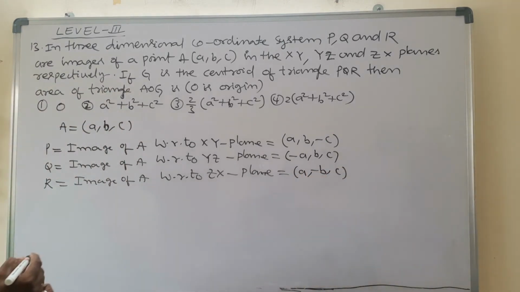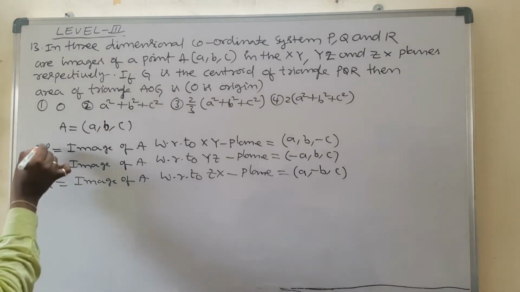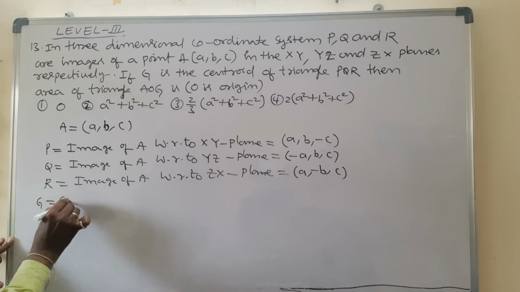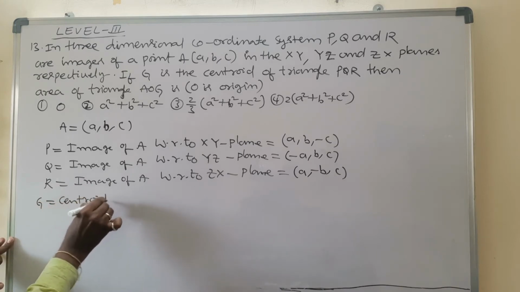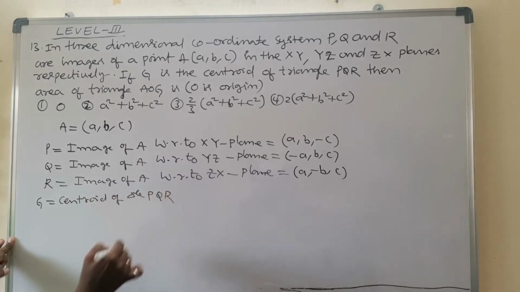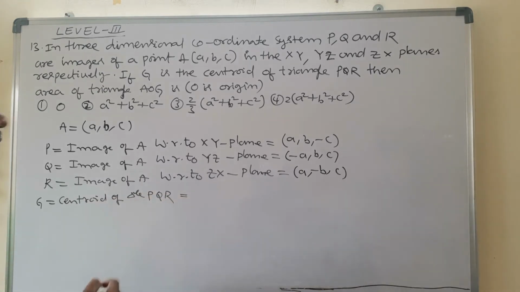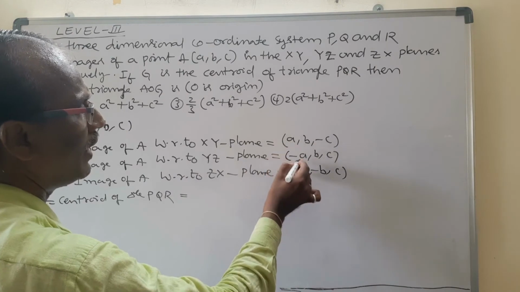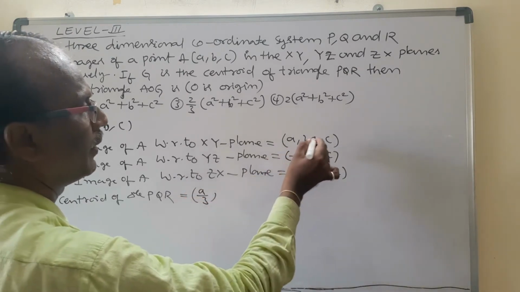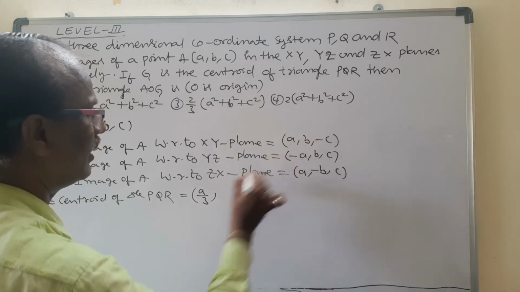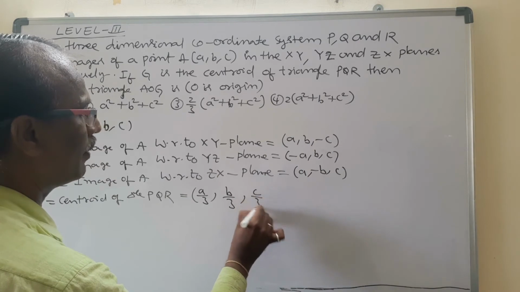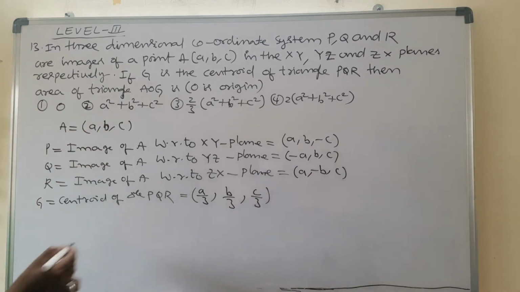Here, to find the centroid G of triangle PQR: the x coordinate, A minus A cancelled, A by 3; B minus B cancelled, B by 3; minus C plus C cancelled, C by 3. This is the centroid G of triangle PQR.